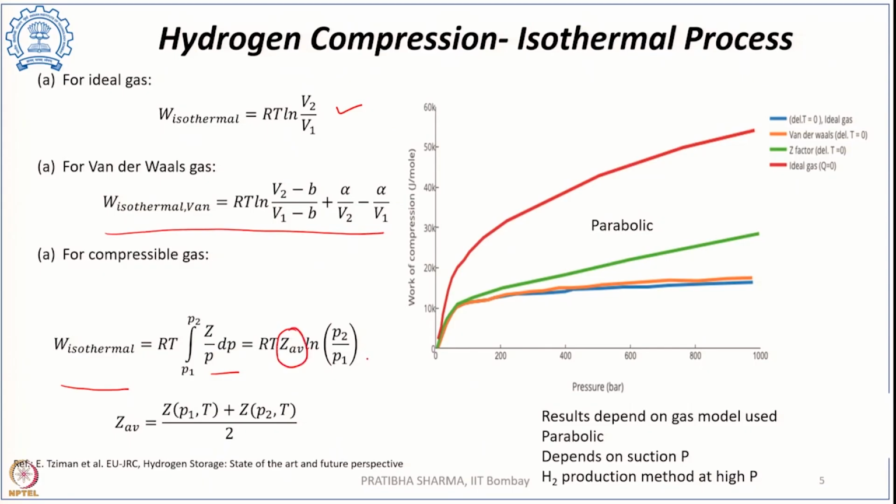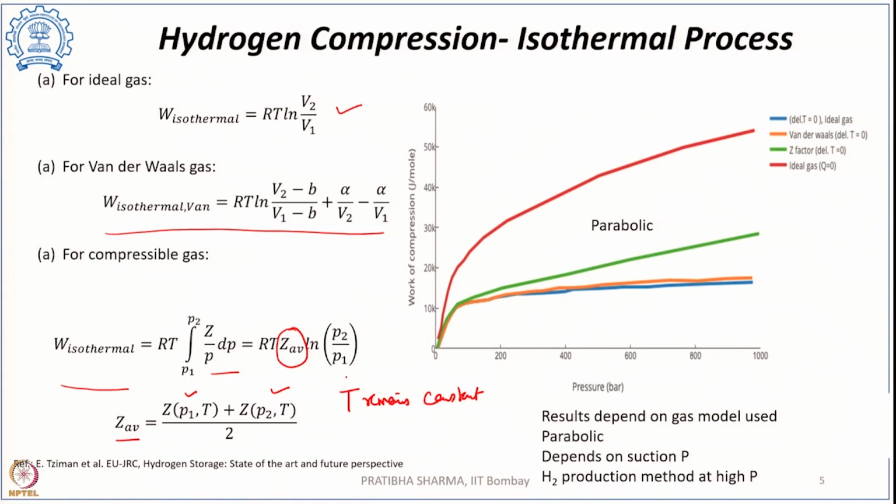We have already seen the variation of compressibility factor for different temperature and pressure. Now, in this case, since it is an isothermal process, the temperature remains constant. So, the average compressibility factor is found as an average of the compressibility factor in the two different states where the pressure was different. In one state where the pressure was P1, in the other state when the pressure was P2, and then we can find out the isothermal work for the compressible gas.